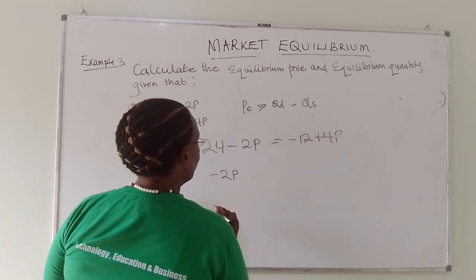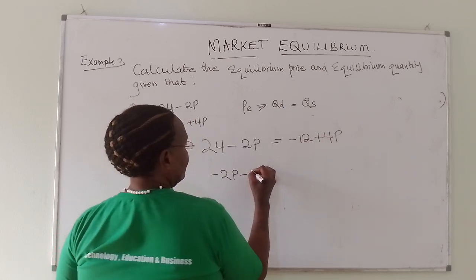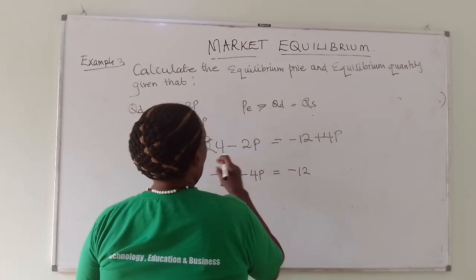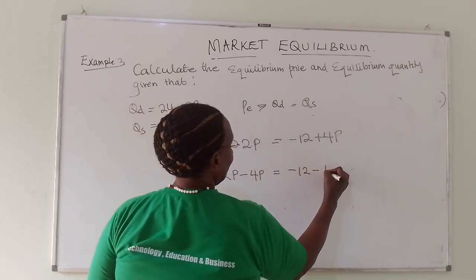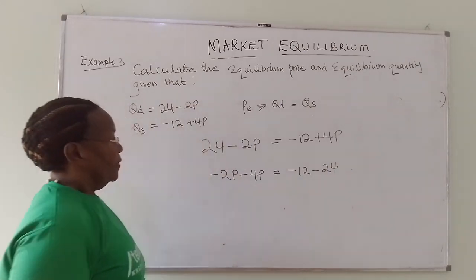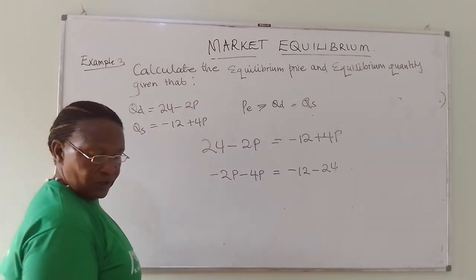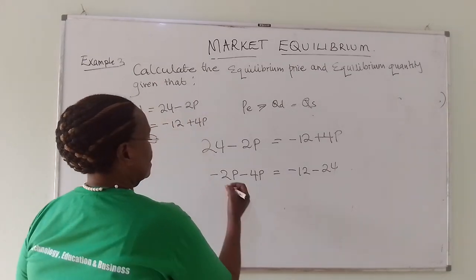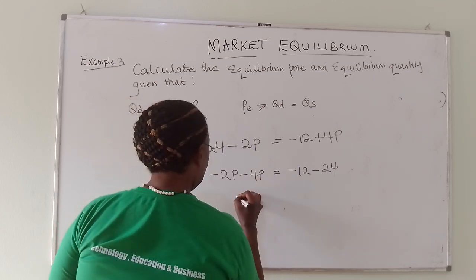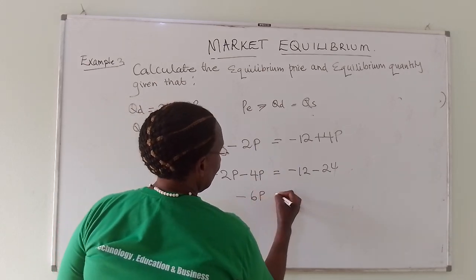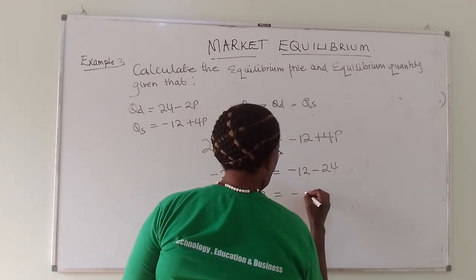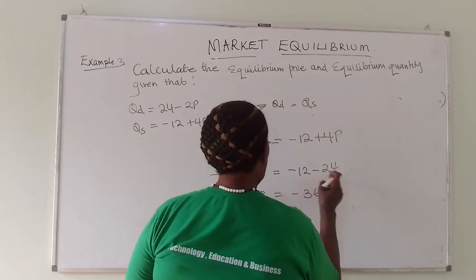This was positive, now it becomes negative, minus 4p, and we have our negative 12, and 24 goes the other side, it also becomes negative, so minus 24. And we find that we have negative 2p minus 4p gives us negative 6p, and this is equal to negative 36, since all these are negatives.